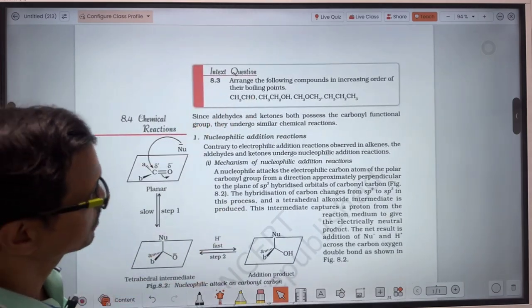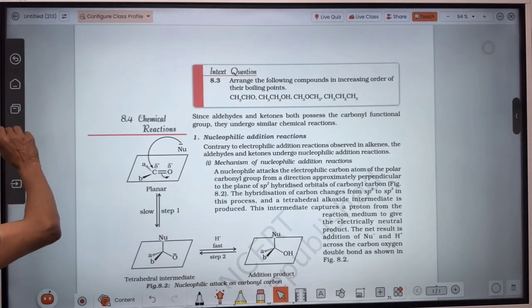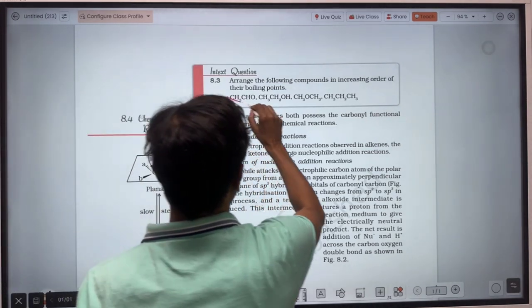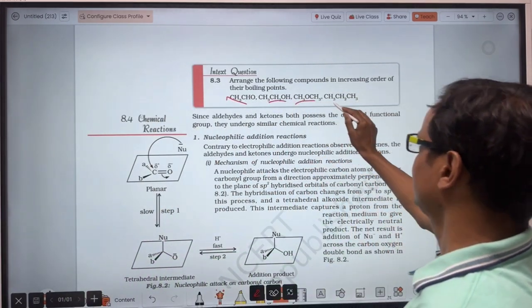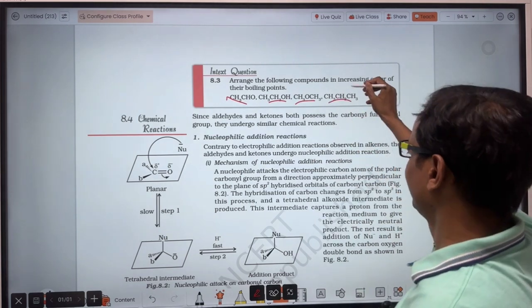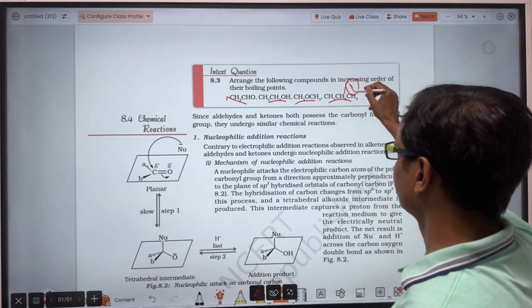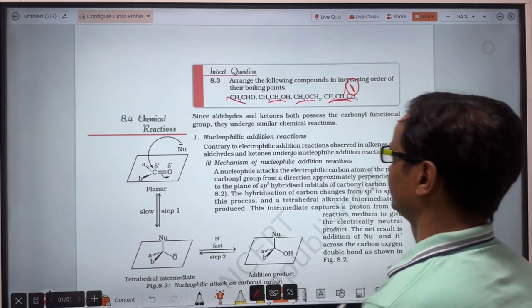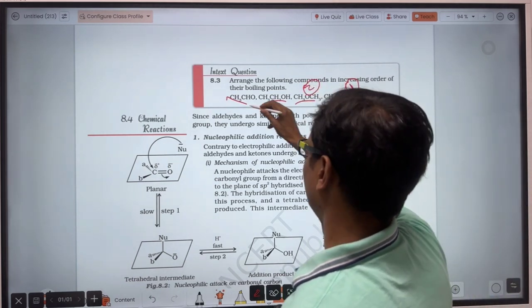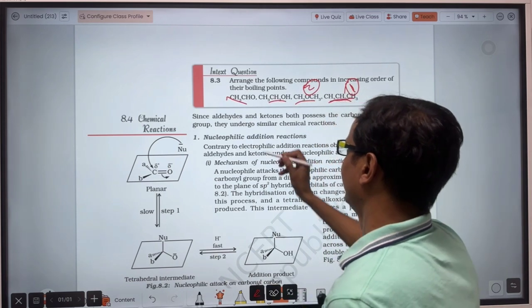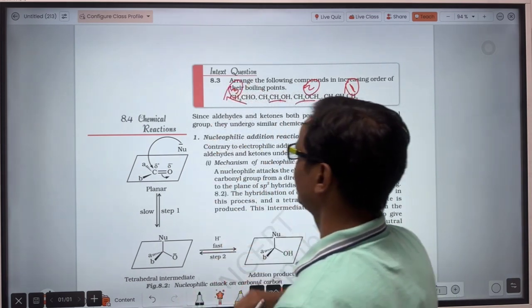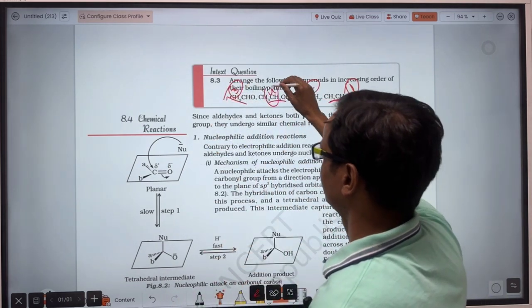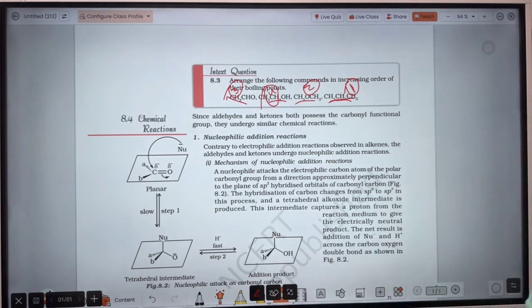Watch out for this question here. Same in this compound also. This is aldehyde, alcohol, ether and alkane, in increasing order. Alkane will possess the least boiling point. Then after that ether; among aldehyde and alcohol, aldehyde will possess a lower boiling point than alcohol, and alcohol molecules will possess the maximum boiling point.